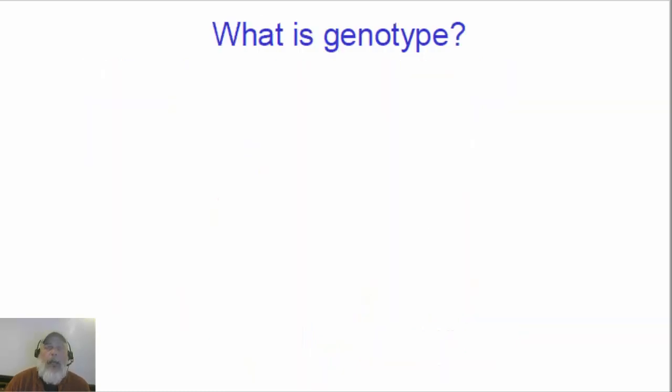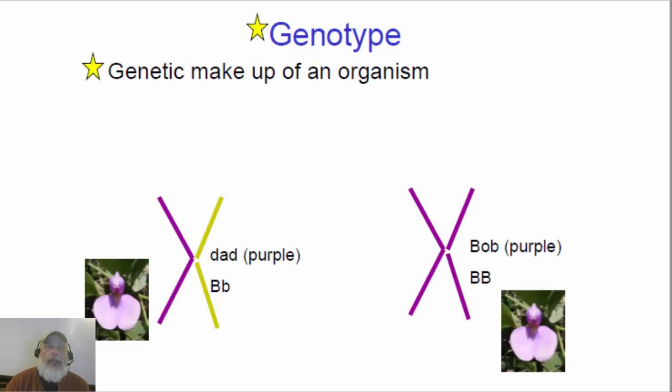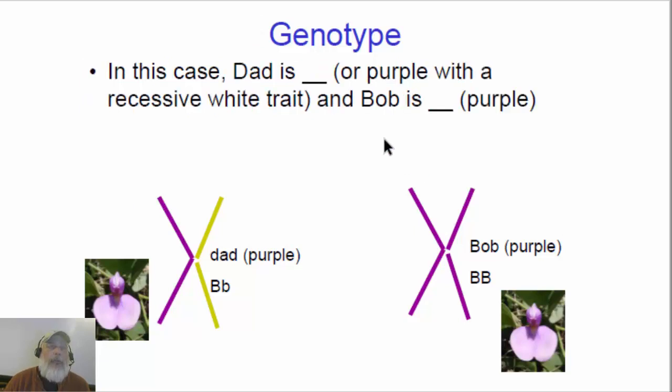Genotype is a little bit more complicated. Genotype is the actual genetic makeup of the organism. So you can't just take a look at a flower and say, oh, its genotype is this. To figure out the genotype, you actually have to know what genes the organism has, and those letters form a code. In this case, for example, dad is a purple flower, and it has a purple allele with a white allele, which is recessive.